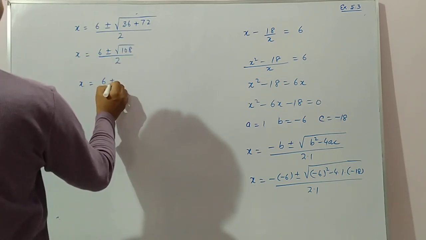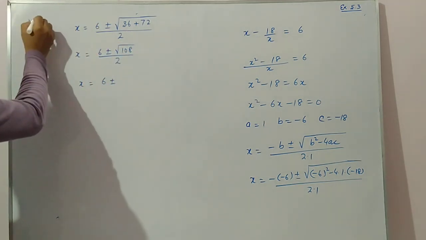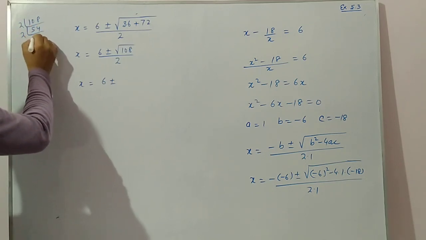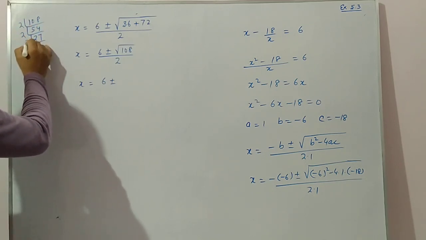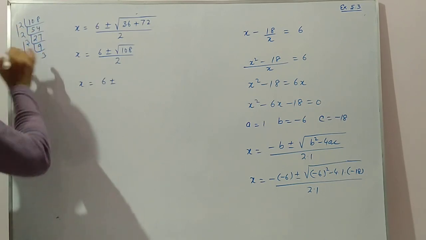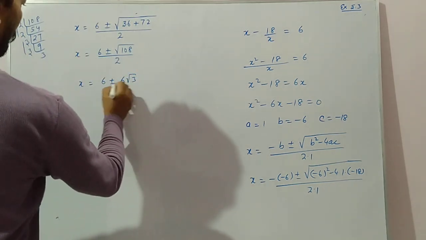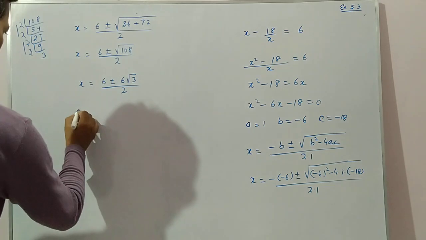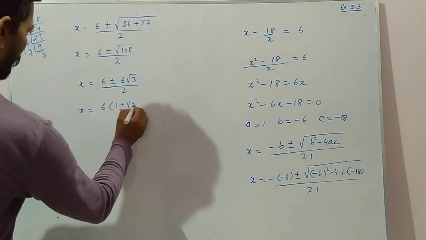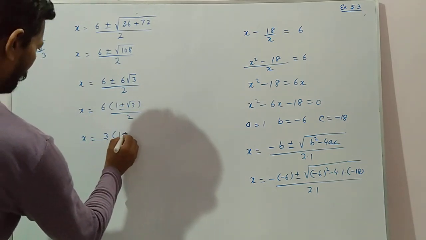When you take the factors of 108: 2 times 54, 2 times 27, 3 times 9, 3 times 3. So you are getting 2 pairs, we can write this as 6 root 3 by 2. Taking 6 common, x equal to 3 times 1 plus or minus root 3.